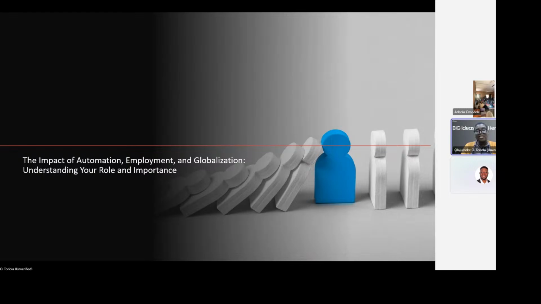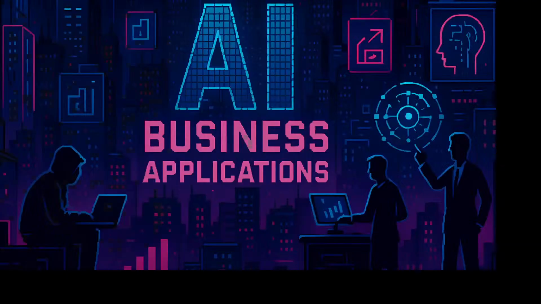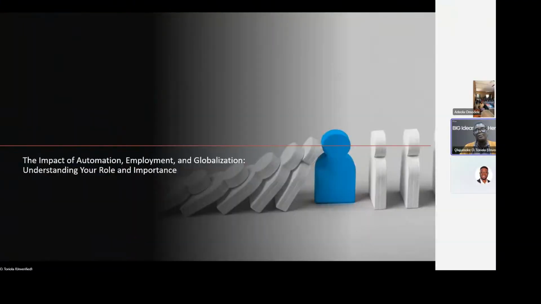I heard Adiola spoke a little bit about it, and I'm sure even as you have started your journey in artificial intelligence, you will know that there is a lot of automation involved. So in this keynote, we'll be exploring the transformative impact of automation on the global employment landscape, and also look at how we can encourage a fresh perspective on the future of work.